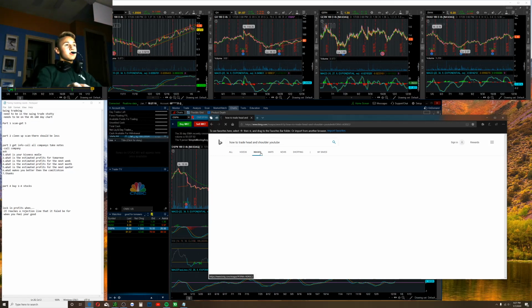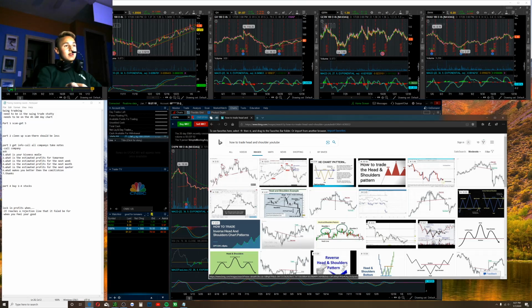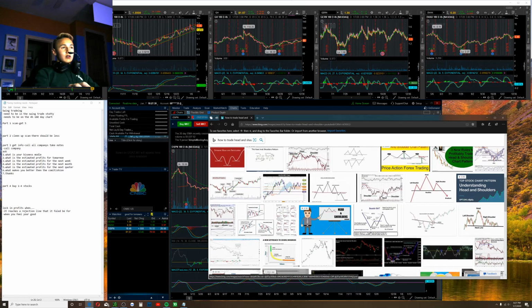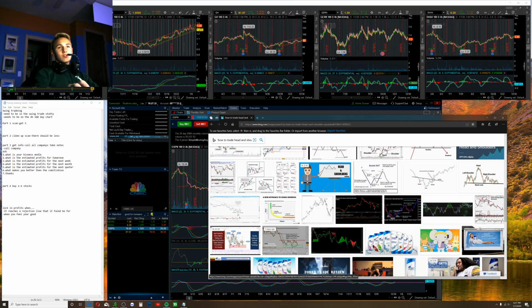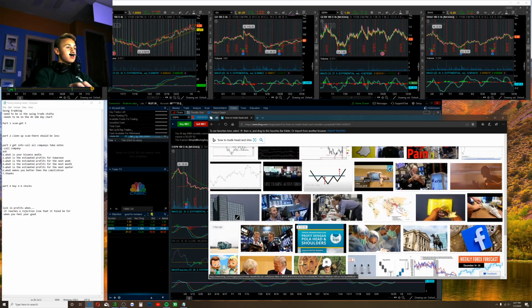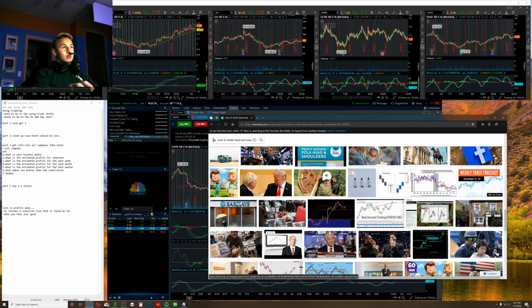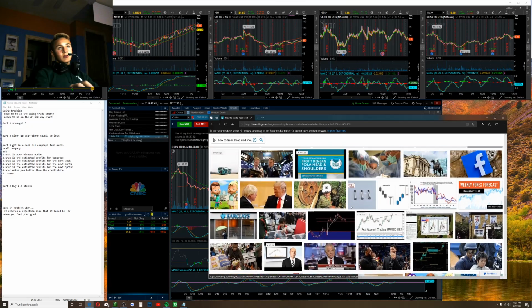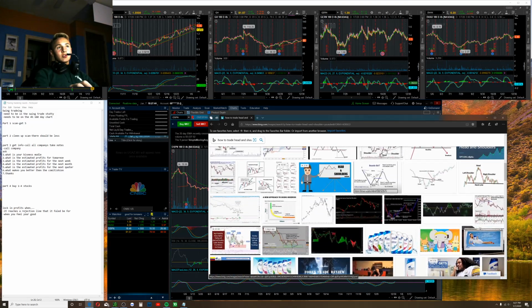If you just go to images, it's one of the best reversals. Just go search up how to trade it.